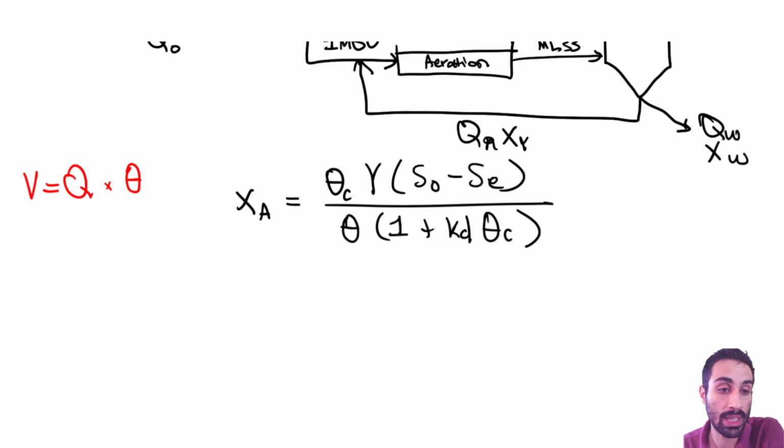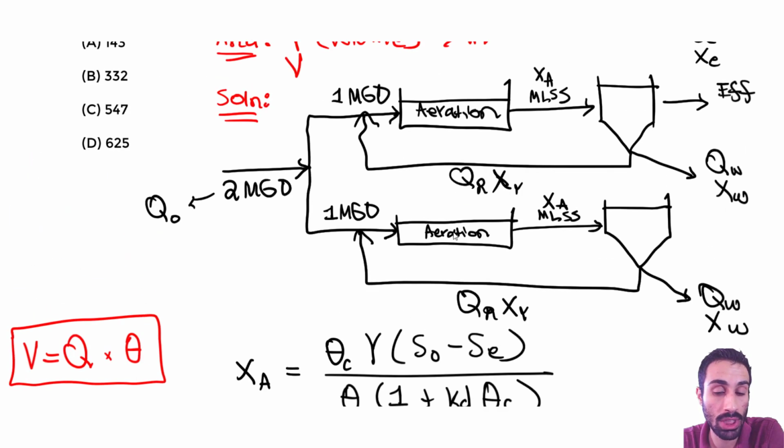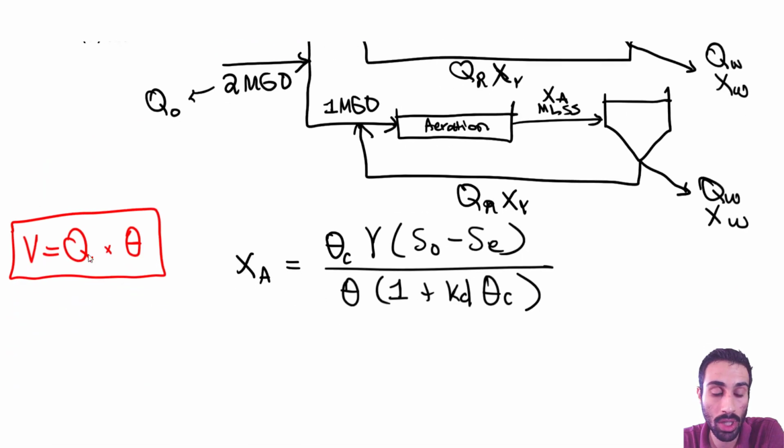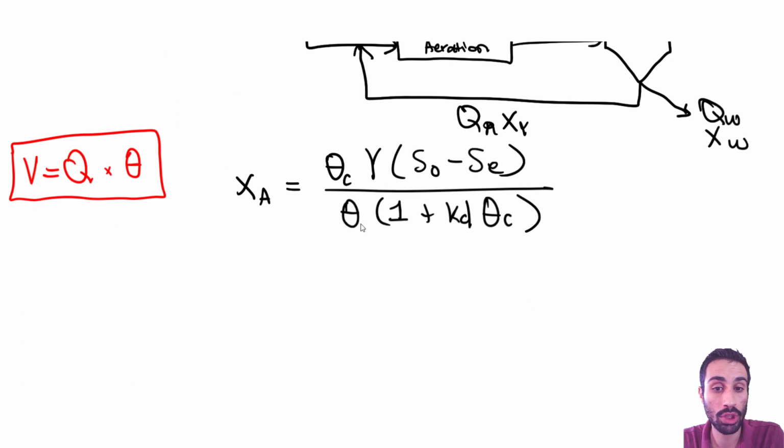So what we will do at the end is use this equation to find the volume. We know Q is going to be just 1 MGD for each tank, and theta is going to be the value we will find using this equation.